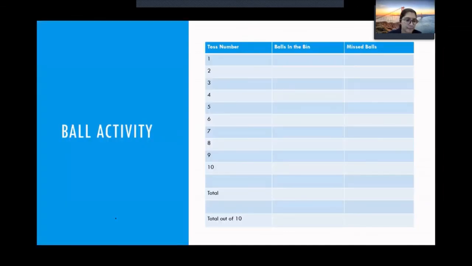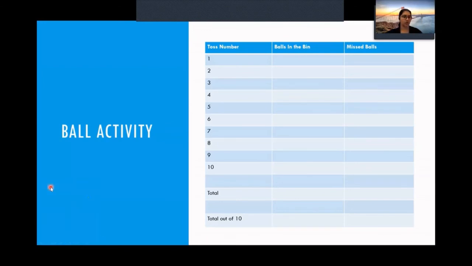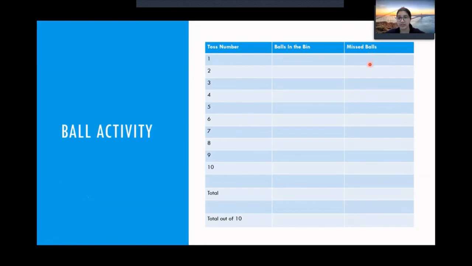I remember what I got on the ball activity, so I will write down my score. First try, I missed, unfortunately. But the second time around, I made it. Third time, I missed again when I did this activity.